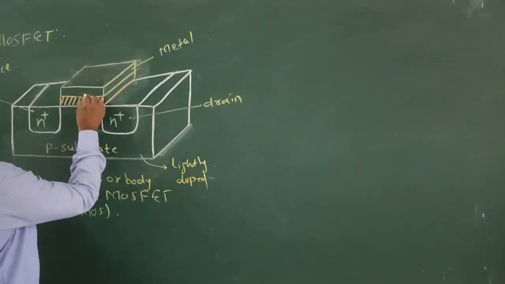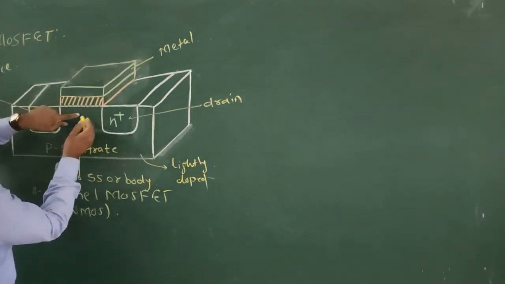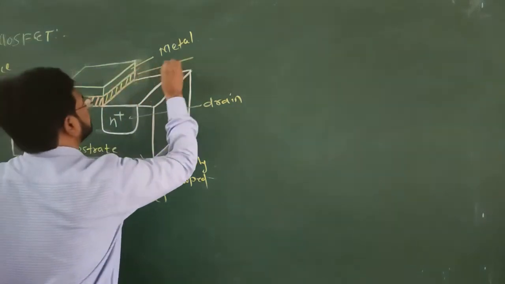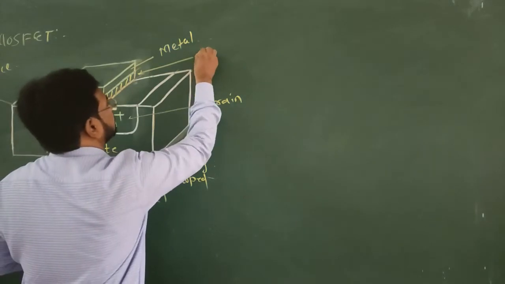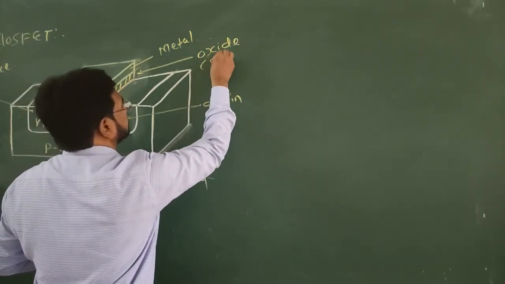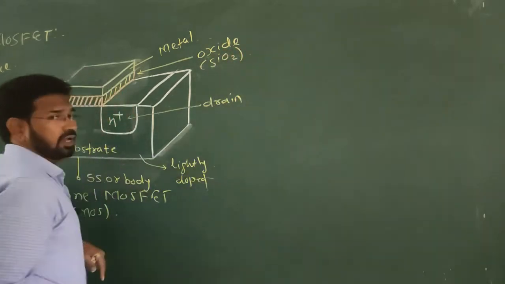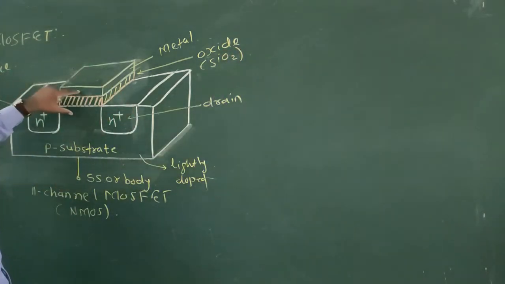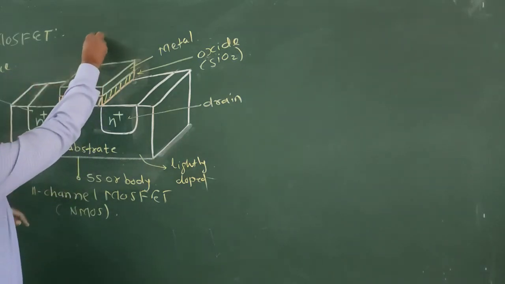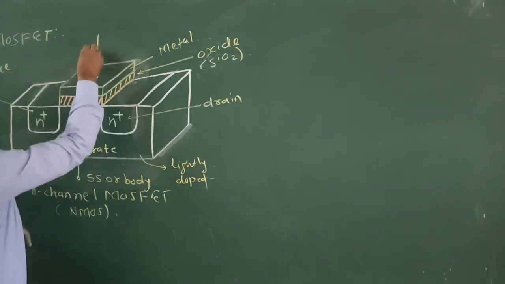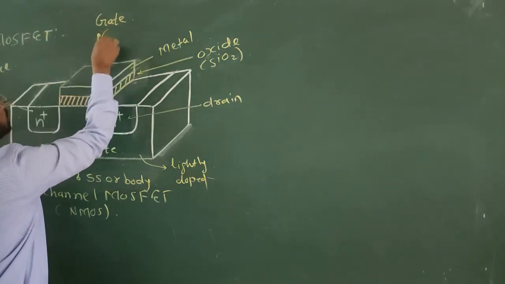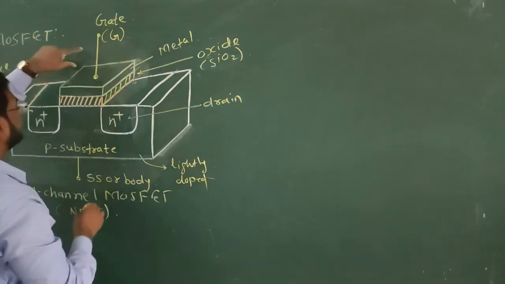This metal and the substrate are separated by a thin oxide layer, and it is silicon dioxide. From this metal a terminal is taken out, and this is the gate. The most important terminal in the MOS transistor is the gate.